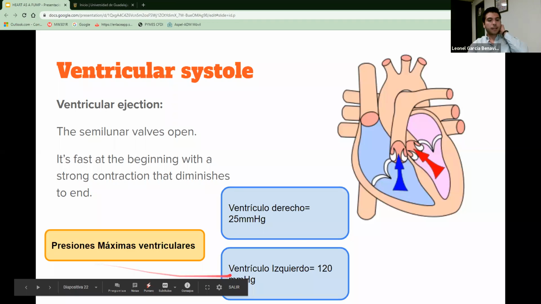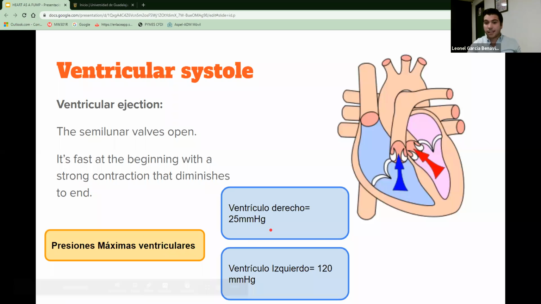As we said, the maximal pressures the ventricles have to go through, the right ventricle has to get to a pressure of about 25 millimeters of mercury during this period. During ventricular ejection, that's the pressure that the chambers go through. They climb a lot.